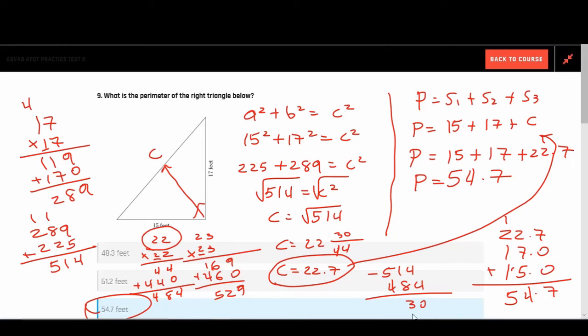That got me 30. I took 30, placed it in a fraction over double of 22, which is this number. And that's how I got this approximation of 0.7. Okay? So that's the shortcut as to how to do these approximations for square roots that aren't even.